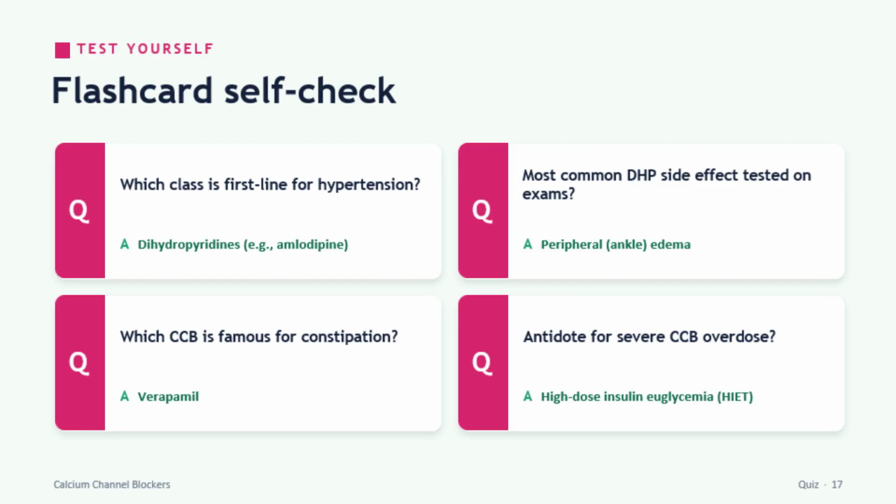Which drug gives you constipation? And what is the antidote for the overdose? Go ahead, pause and answer each one. Got them? If you did, give yourself a pat on the back, because that means today's lesson truly landed. And if you missed a couple, no stress. Just scroll back up to that cheat sheet.